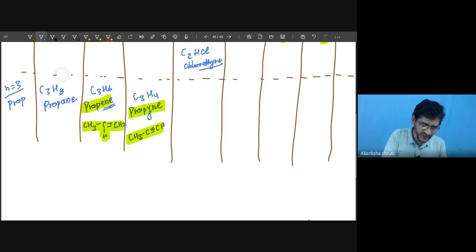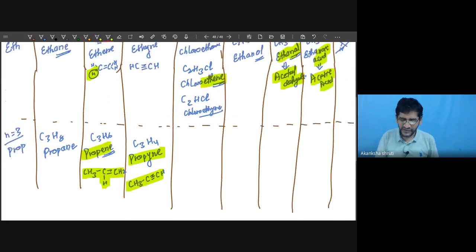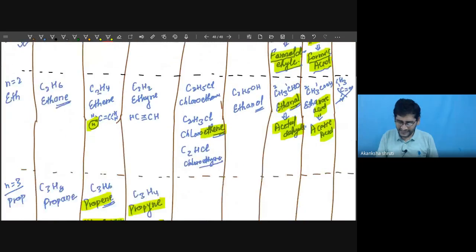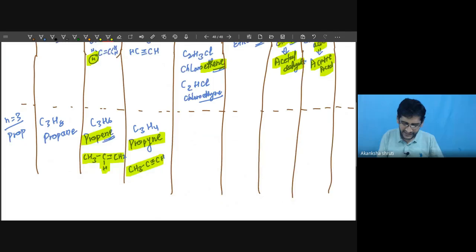Now let me go for the others. Very fast, let us do it. We will write for the alkane only. Alkyne and alkene we can leave. Take this as C3H7Br. Students, in this case, we can have two kinds.